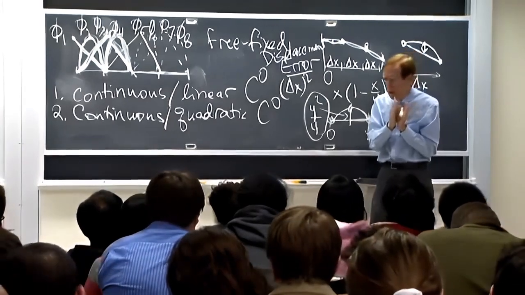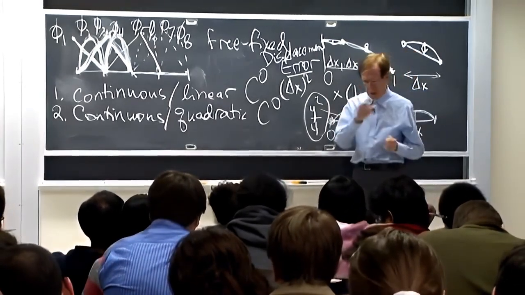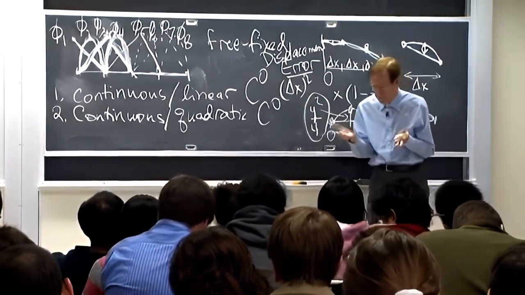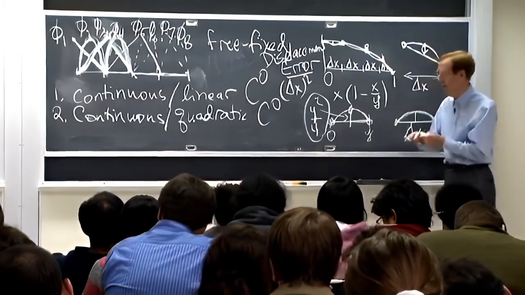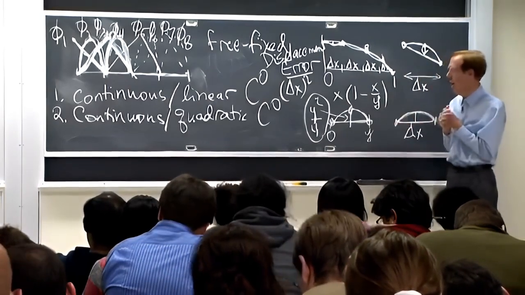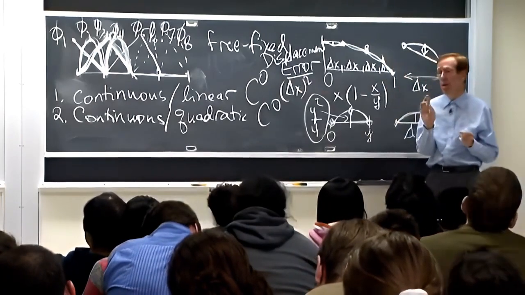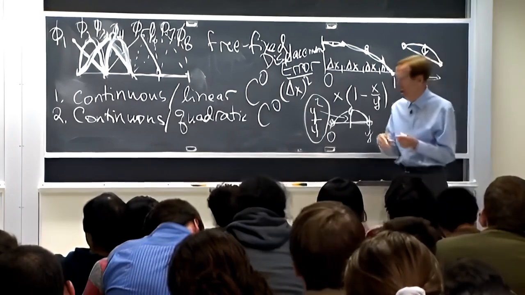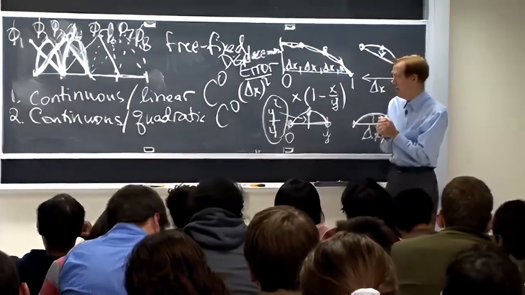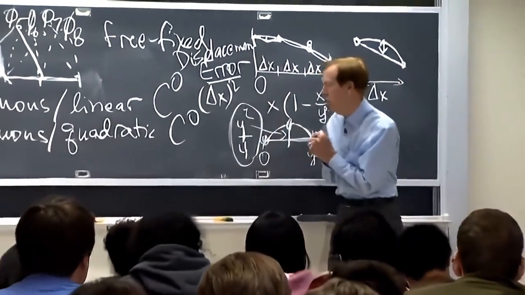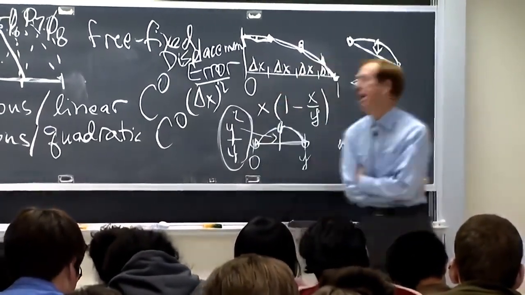What do you think is the slope error? Because for us, that slope is important. That's the error in the stretching and the strain. So the error in the function is delta x squared. The error in the slope will be one order less, just delta x. Okay, I'll come back to all this. Now, make a guess.